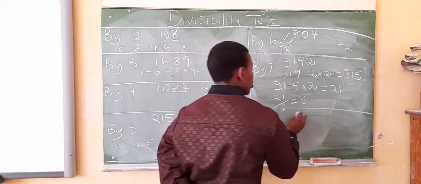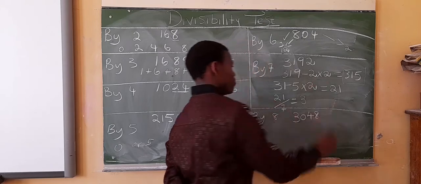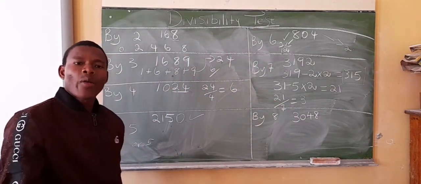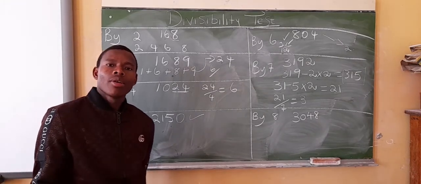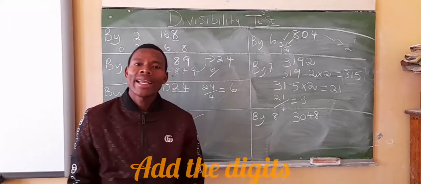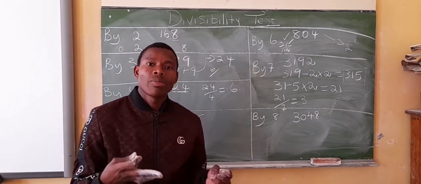Next is divisibility by 8. Let me check the number 3048 and whether it is divisible by 8. In order for the number to be divisible by 8, the last 3 digits must be divisible by 8.